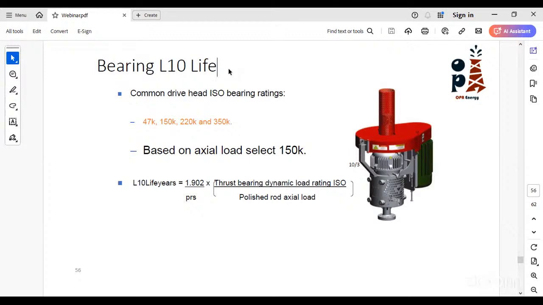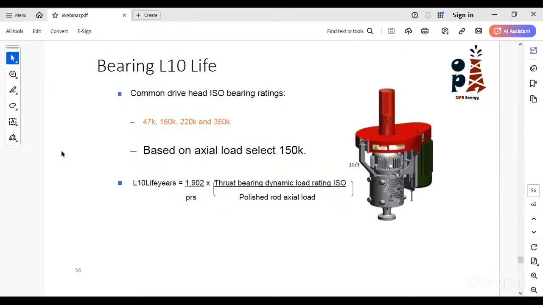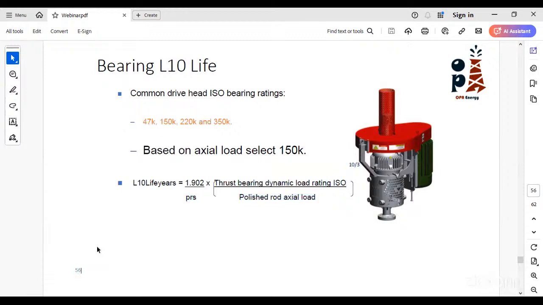This term is called L10 life. You can use it for calculating the run life of this drive head, and this equation that represents it depends on many other parameters like the polished rod axial load that it withstands, the polished rod speed or running rotations per minute that the polished rod is running with, and the thrust bearing dynamic load rating. This is the dynamic rating for the drive head that it can withstand.